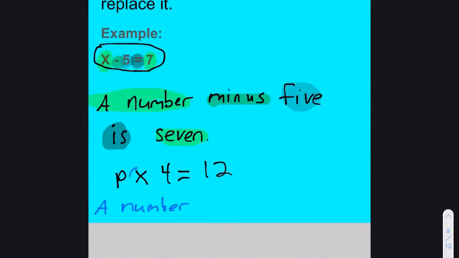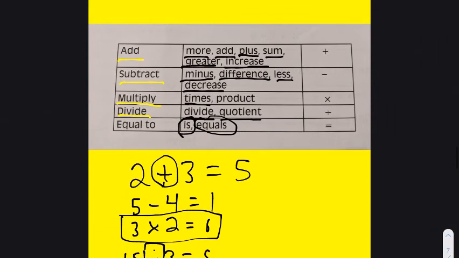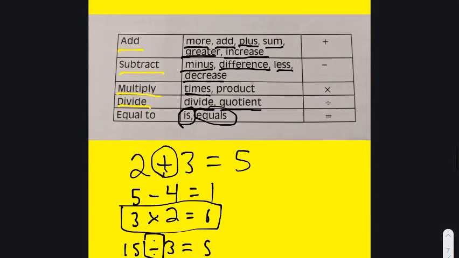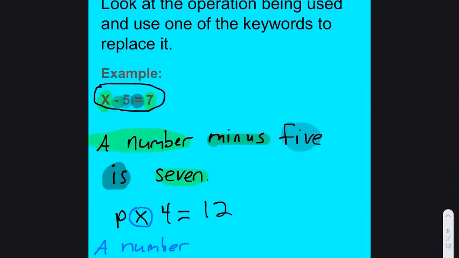And again, now we need to put this into words. So that's a multiplying symbol. Let's go back to our keywords. A good word to use for multiply might be the word times. So a number times 4.